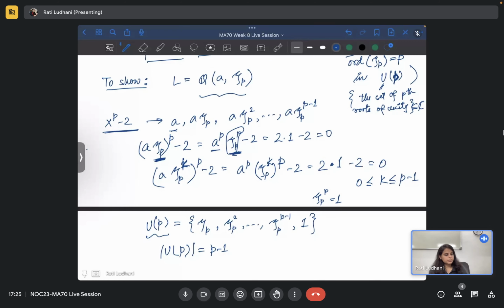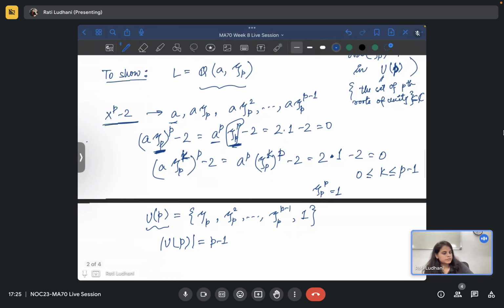So U_p is the set of pth roots of unity, which you have already seen. These are all different. Any doubts? No. Okay.